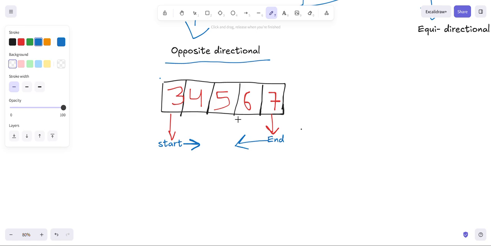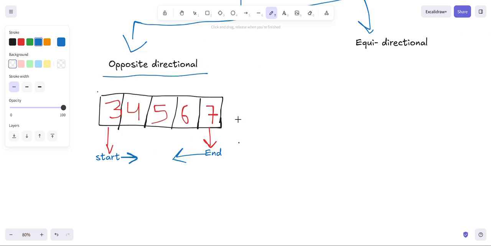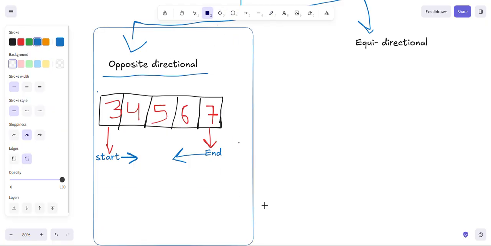It reduces the time complexity very much, from O(n) square to O(n), and most of the time it's very easy. We just need to find the first reasoning about the question. After that, it's easy to implement. So this is about two pointers.